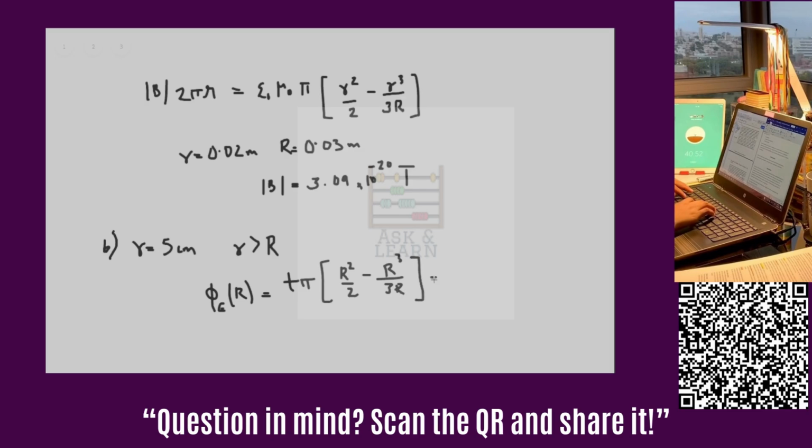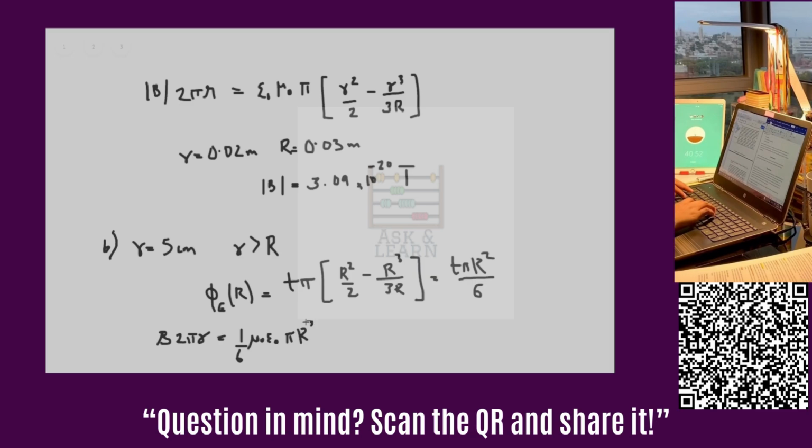So as you can see, this now becomes t pi R squared over 6. So our magnetic field is now B times 2 pi r, where r is outside, so it is 5, equal to 1 over 6 mu naught epsilon naught pi R squared.